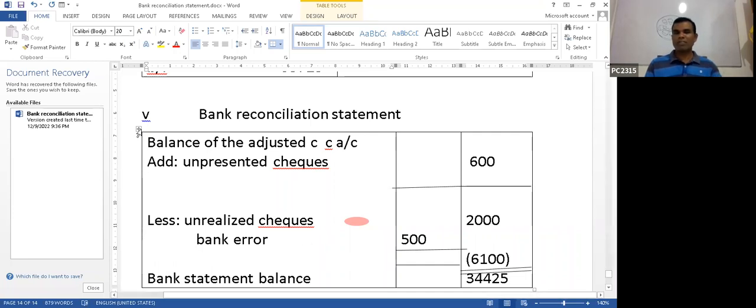Bank account is lesser, then adjusted bank balance is higher.